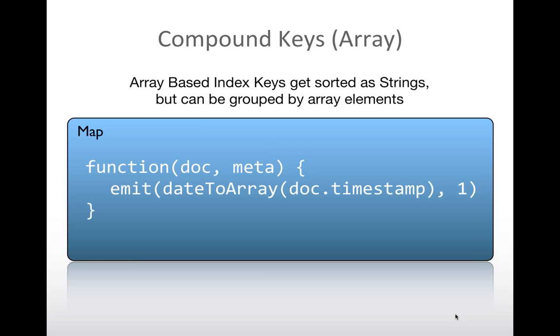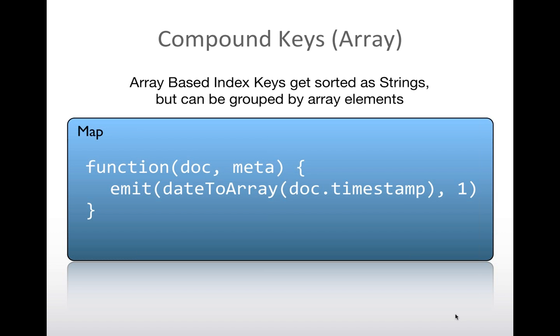A very simple example of that: suppose you want to be able to count the number of messages you receive on a specific day, a specific hour, or a specific month. So you will take the date, and you want to transform this date into an array, a composite key that will be made of year, month, day, hour, minute, seconds.